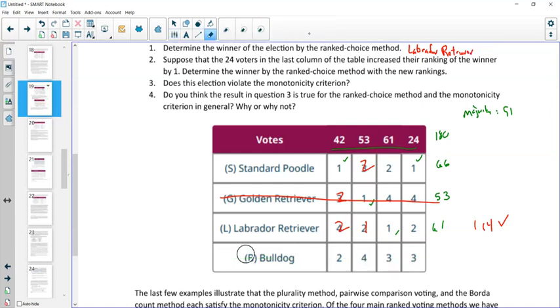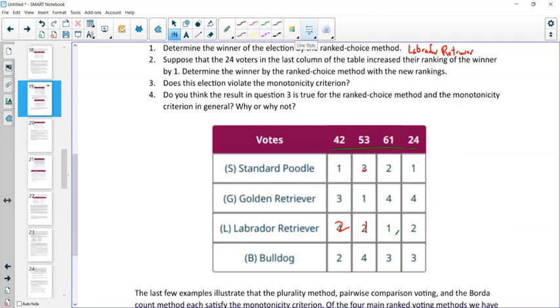Okay, let's look at this again. We still need 91 for a majority. And our beginning numbers are the same. 66, 53. Oh, wait, no. Suppose that the 24 voters in the last column of the table increased their ranking of the winner by 1.